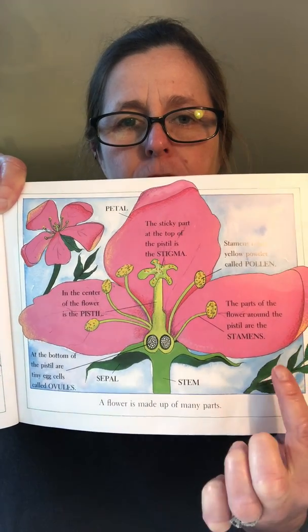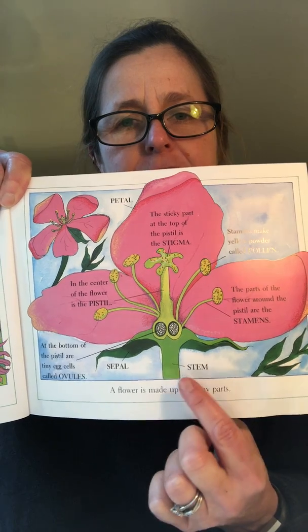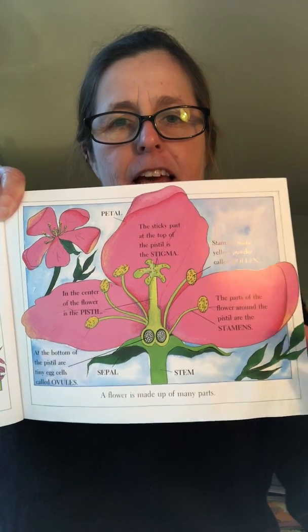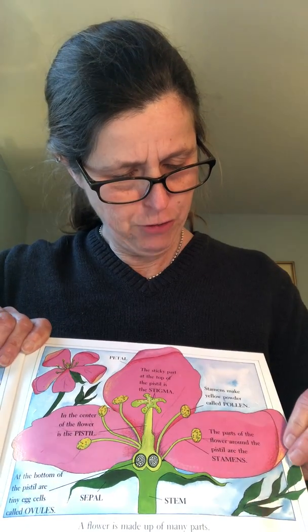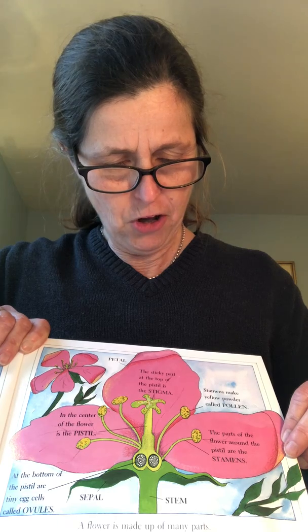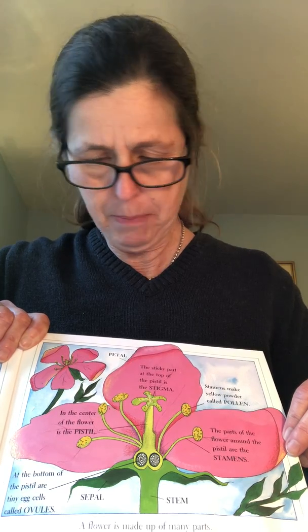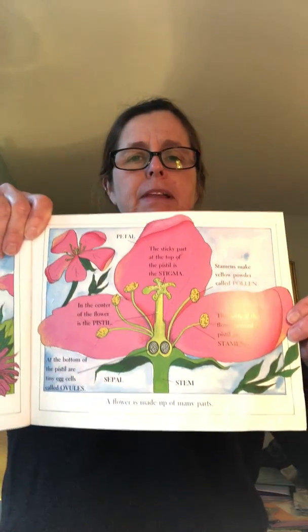In kindergarten, we just really worry about the stem and the leaves and the flower and the seed and the fruit, if it's a fruiting plant. But these are all the other parts of the plant where the pollen is made and where the plant makes more seeds.